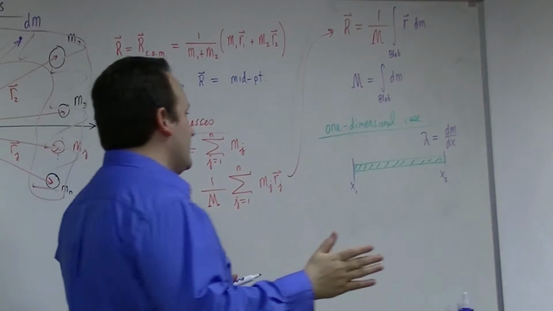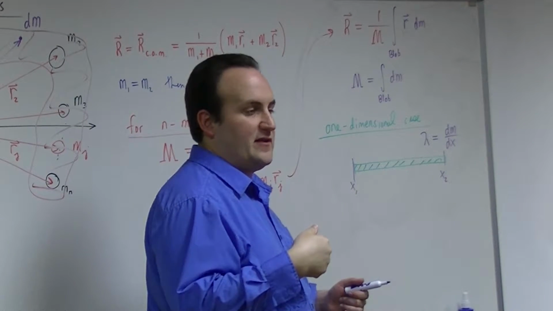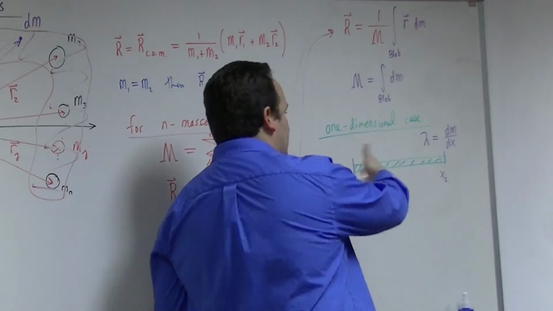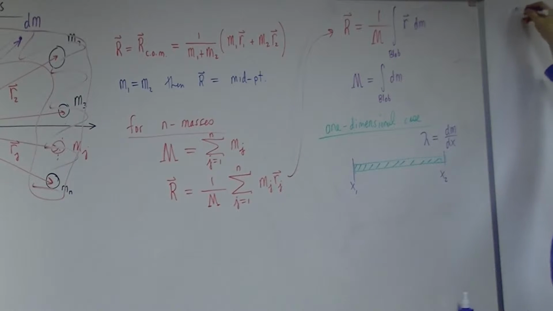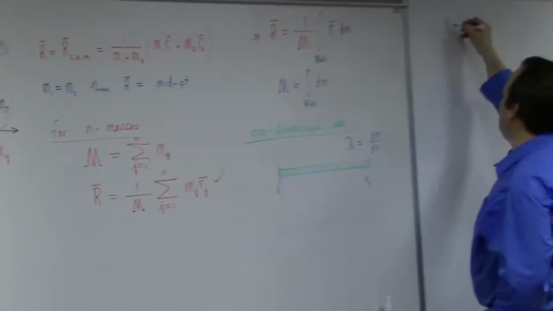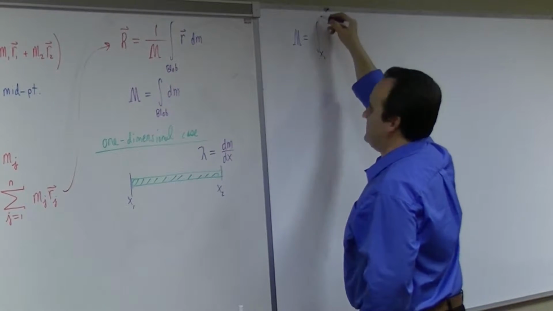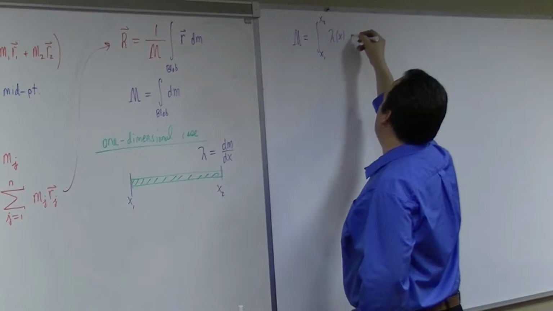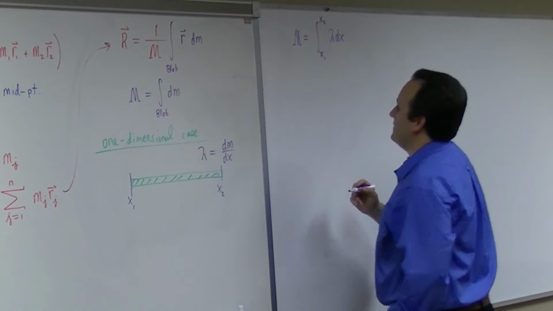Now, you guys already know the answer. If the mass per unit length is constant, where's the center of mass of the stick? The midpoint, right? But if it's a function of x, then it could be other places. The total mass, in this case, would be the integral from x1 to x2 of lambda dx.